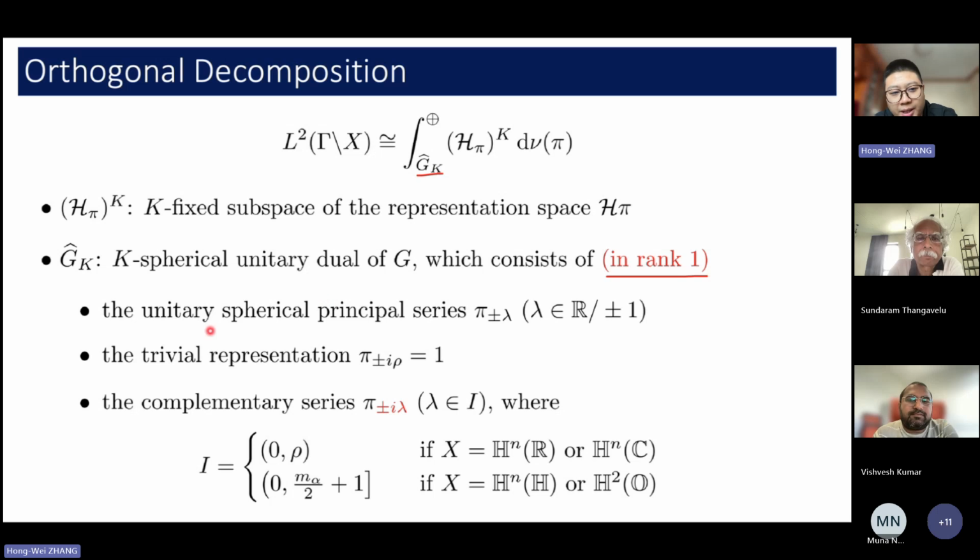There are 3 cases. And we say that L2 is tempered if this spherical unitary dual of G doesn't involve the last case, the complementary series. And in our case, we know that the volume is infinite, so the second case is also automatically ruled out.